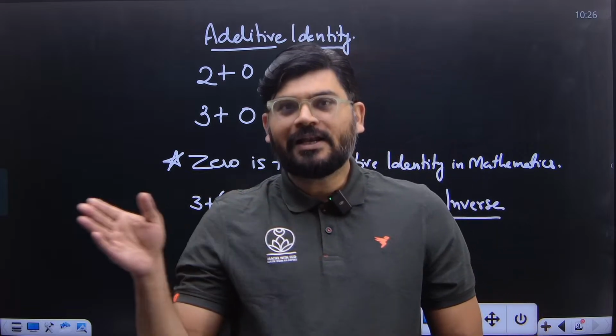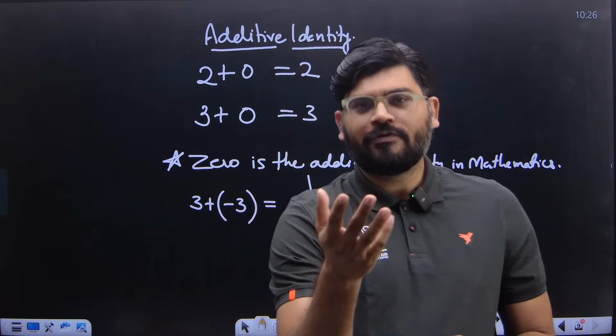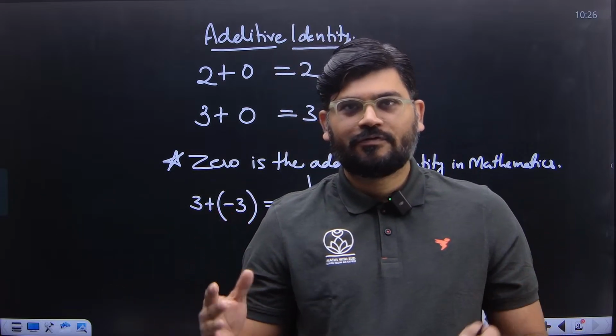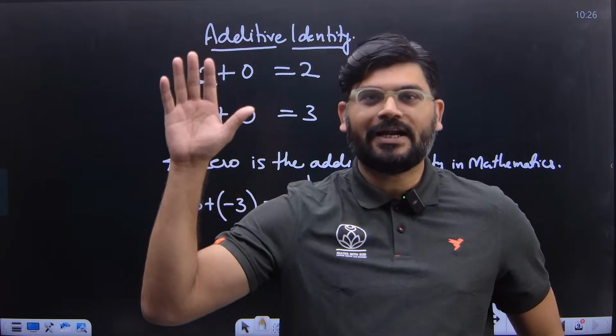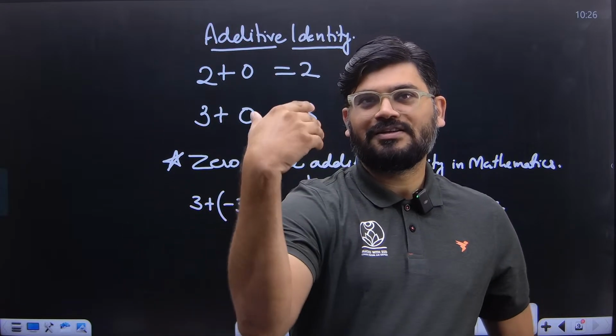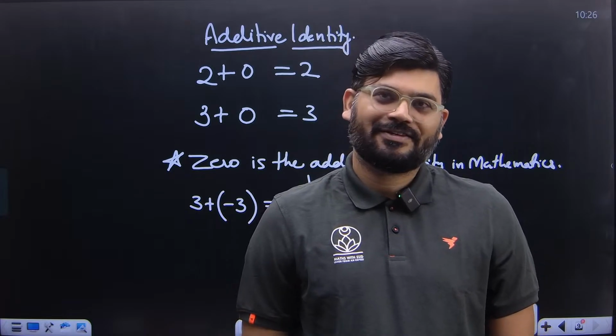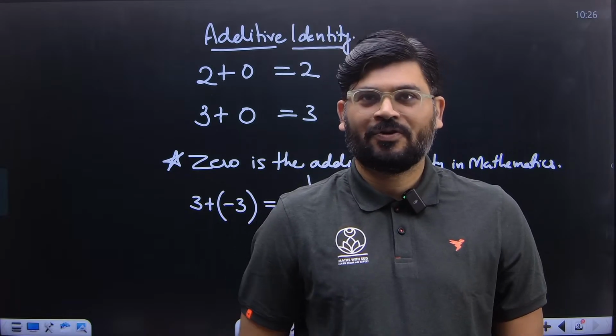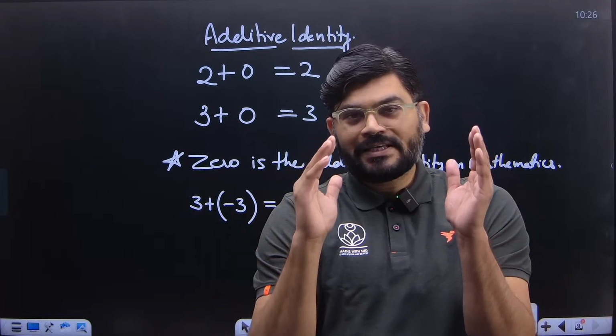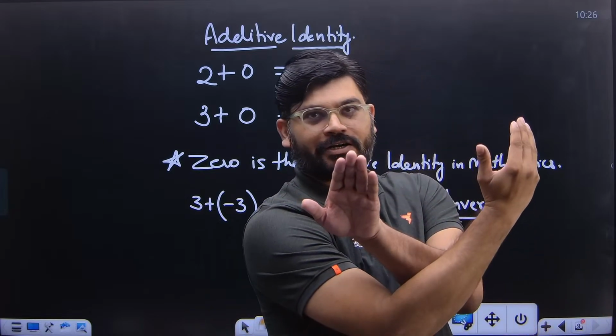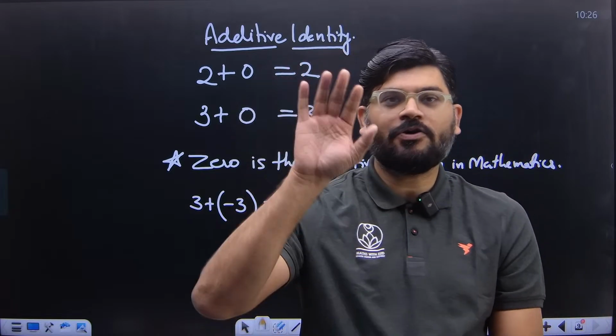One is lateral inverse. Have you ever seen a mirror? When you raise your right hand, which hand is raised in the mirror in front of you? Left. But is that really left? No. So your image has been laterally inverted. Whatever was left is now your right.